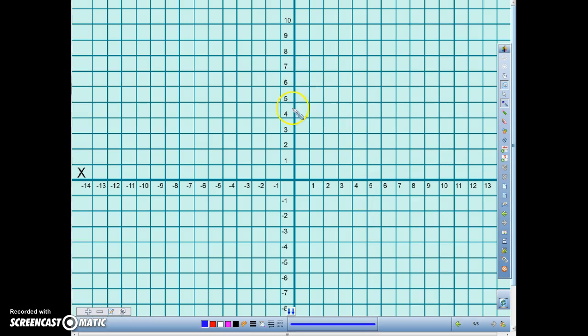The first one crosses at +4, has a -4/3 slope, so down 4 over 3, down 4 more over 3. If you wanted to go up, you could go over 3 as well.